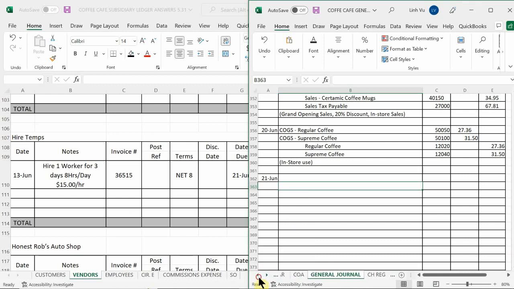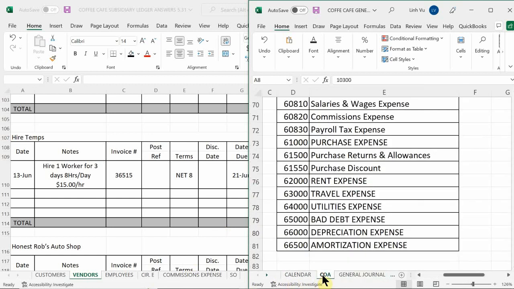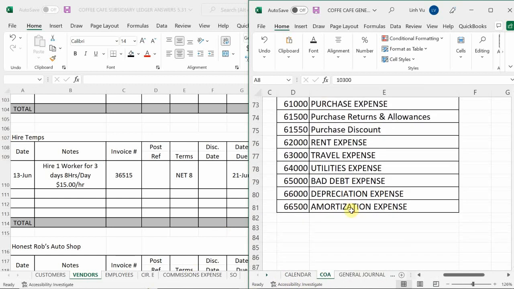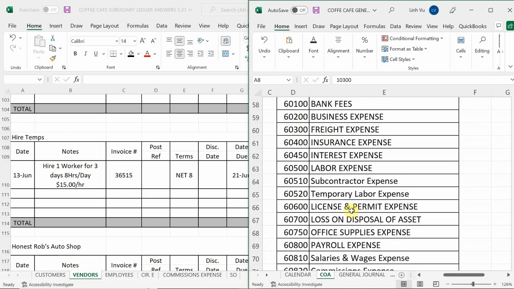It is actually a temporary labor expense under payroll. Not under payroll. In the operating expenses, there's a temporary labor expense. They're under subcontractor. Yep, under subcontractor, there is a temporary labor work expense, or temporary labor expense. So in this case, that is definitely more accurate.